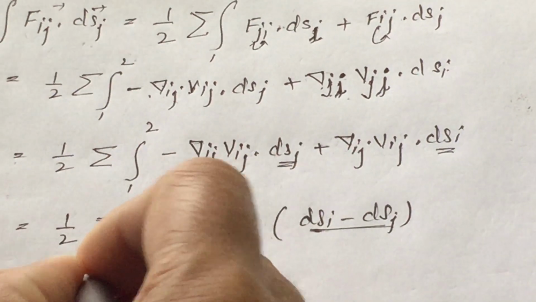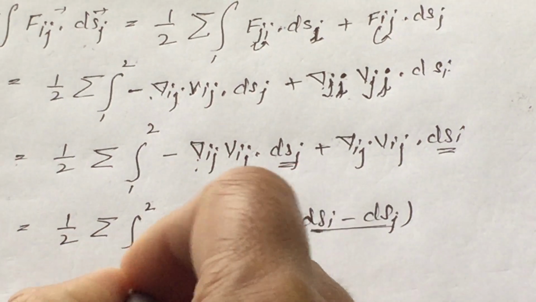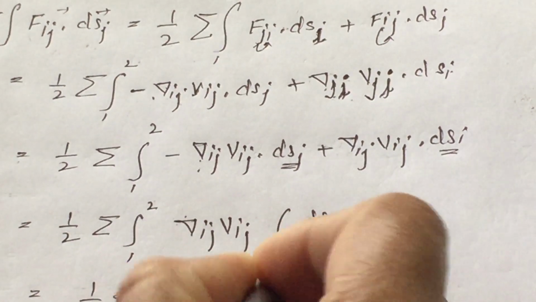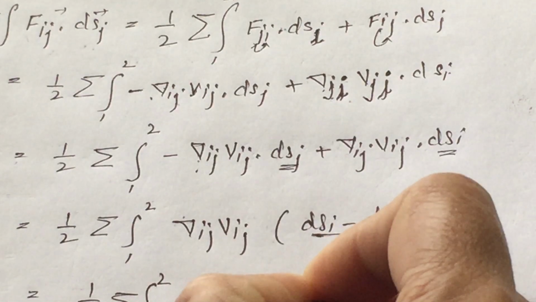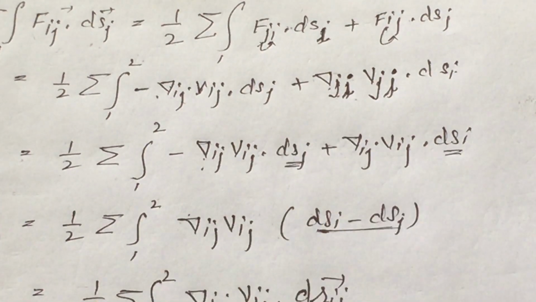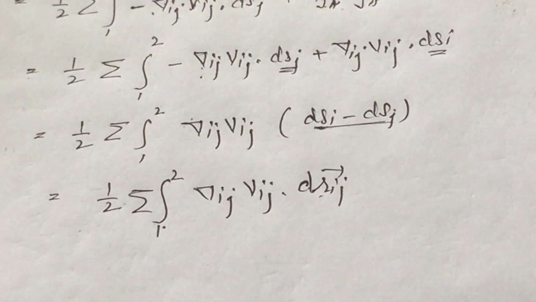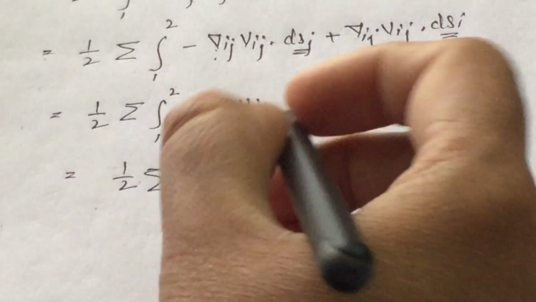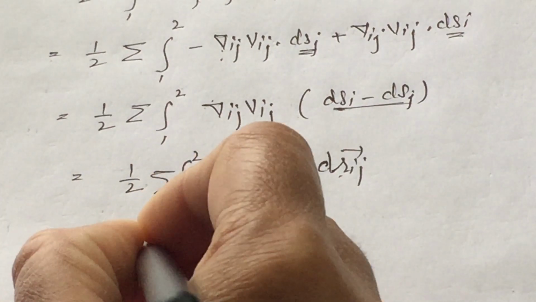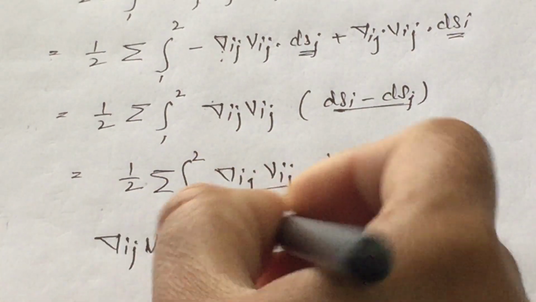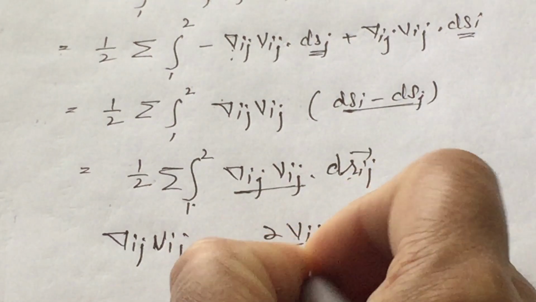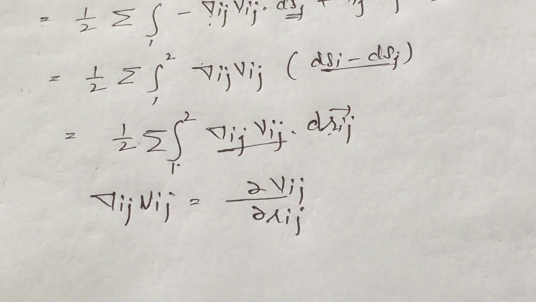So we can put this half of summation 1 by 2 del ij Vij, that is the displacement in the position of the ith particle and jth particle, which can be represented by drij. So what is this thing indicating, del ij Vij? It is representing the change in Vij when there is a change in the distance Rij.